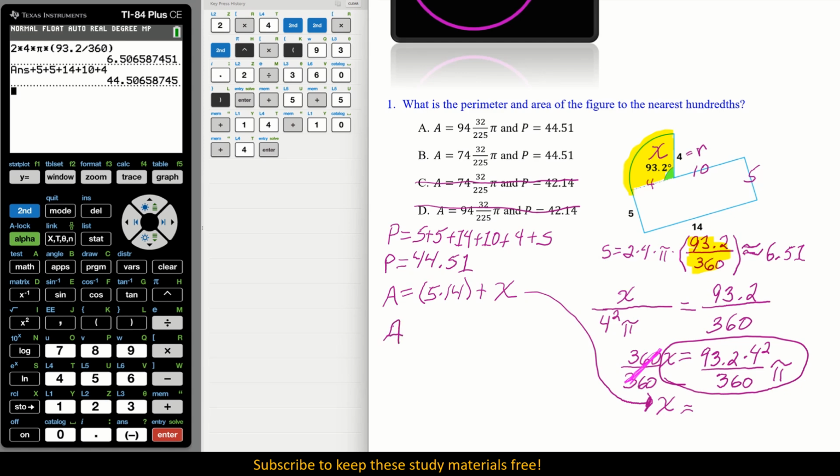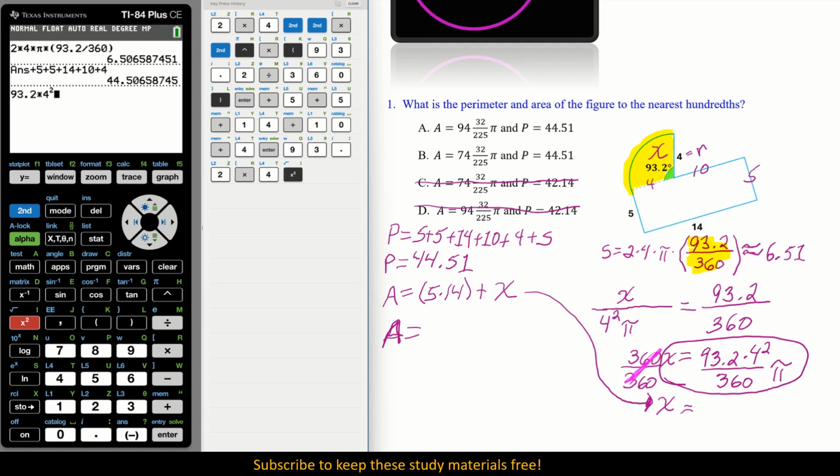So our area will equal, and to do this, let's do the numeric values. So we have 93.2 times 4 to the second power. Since that's all multiplied together, I can go ahead and use my division, 360.